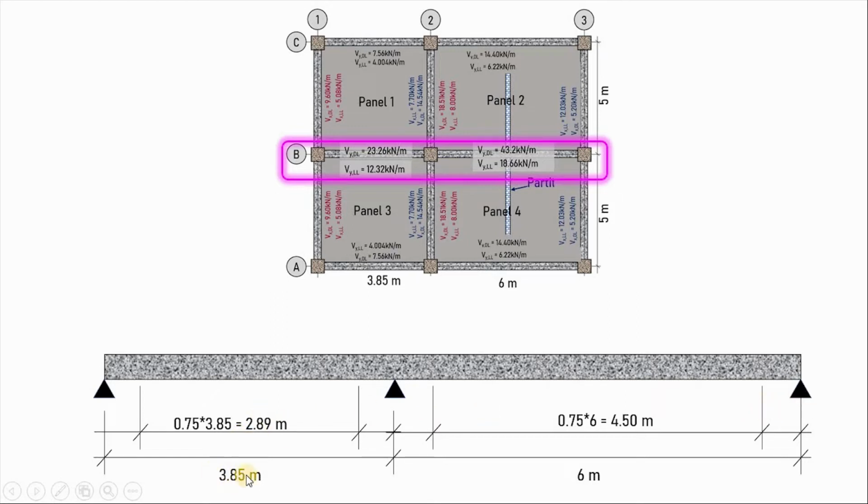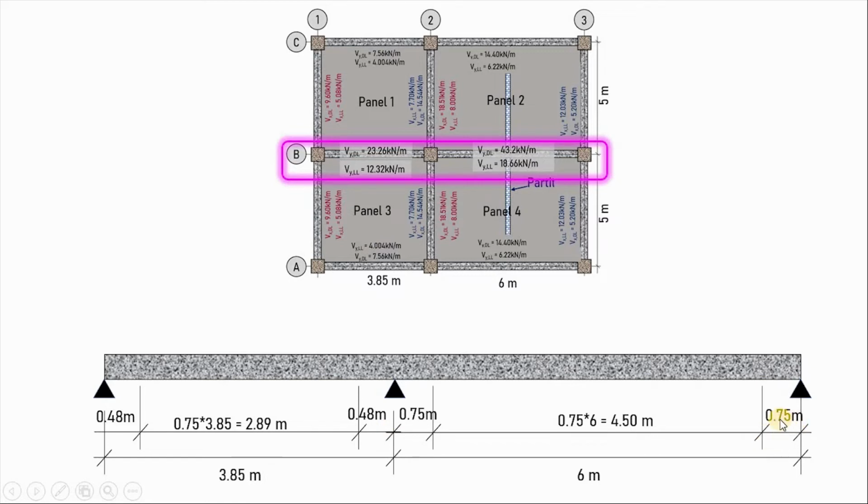In the same way here, 3.85 minus 2.89 will be 0.96 something. Half of it, 0.48, and half of it, 0.48, will be this span. This is what I am talking about: 0.48 from here up to here, and 0.48 from here up to here, and 0.75 from here up to here, and 0.75 from here up to here.